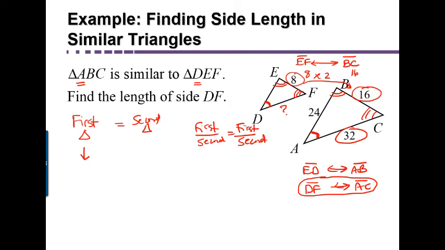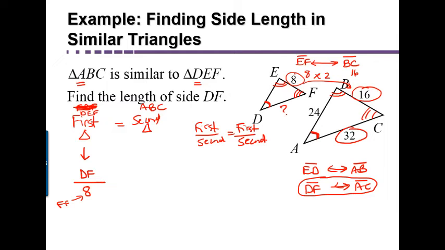So here's what I mean. From the first triangle, let's use EDF as the first triangle and ABC as the other one. I guess I should say DEF. Okay. The one side that we don't know that we're looking for is DF, and I'm going to make a fraction out of that, comparing it to the side we do know, which is EF, which is 8.